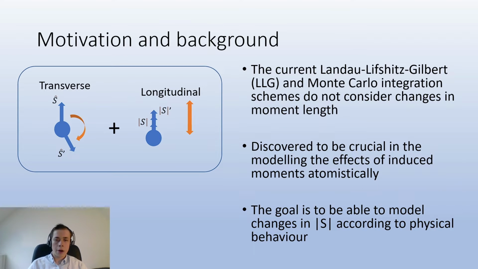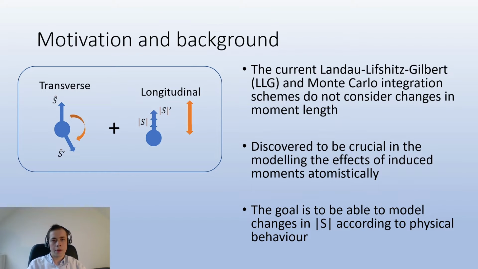While they work rather well for a lot of systems, the way that they model spins is that they only allow motion in the transverse space, meaning that the length of your spin is not allowed to vary at all. As I mentioned, for some systems this is fine. However, in systems where there are a lot more induced moments due to exchange, for example, this doesn't quite give you the full picture of your system.